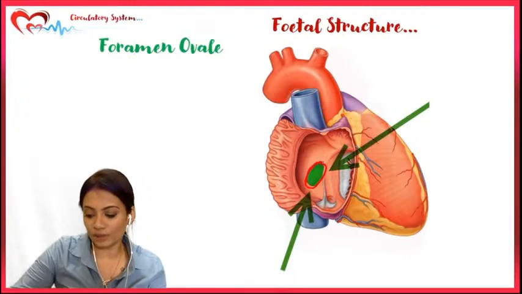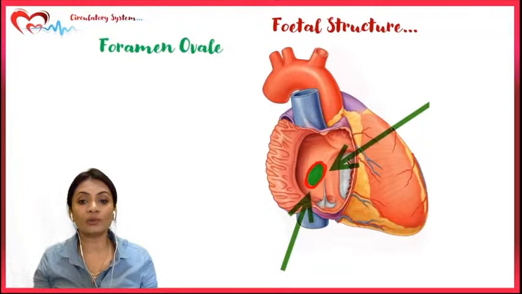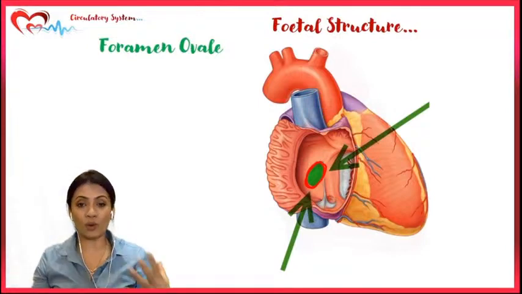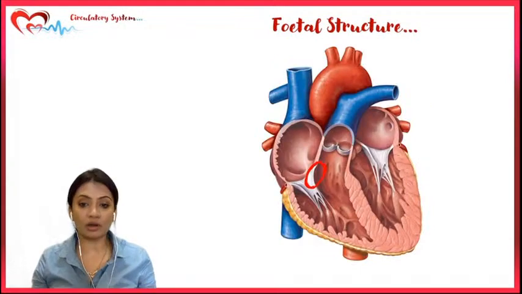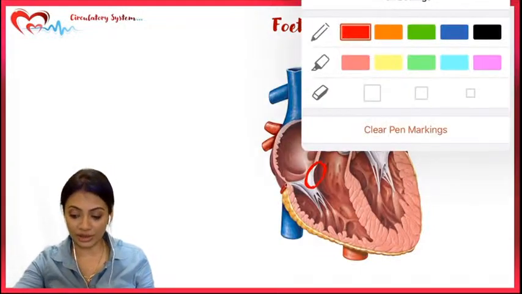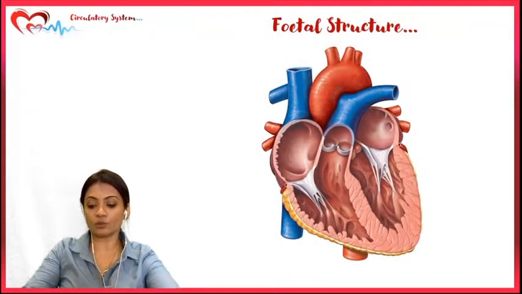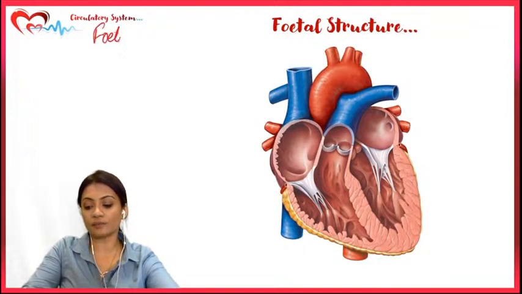This, what is appearing green over here, is actually a hole which is present in the heart of the fetus. Okay. Now this hole, why is it present? It is present because, always remember, as I told you yesterday, fetal lungs. Which lungs? Fetal lungs. Fetal lungs are completely non-functional.